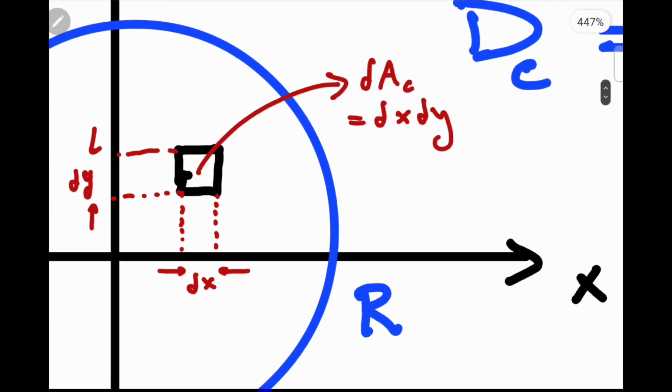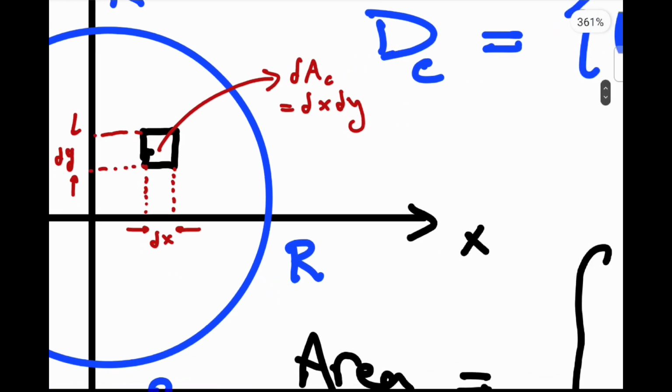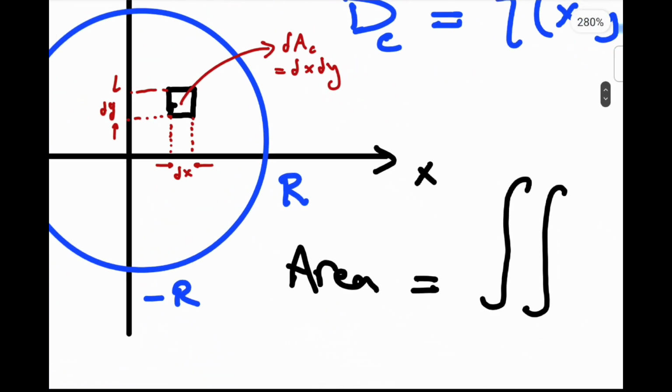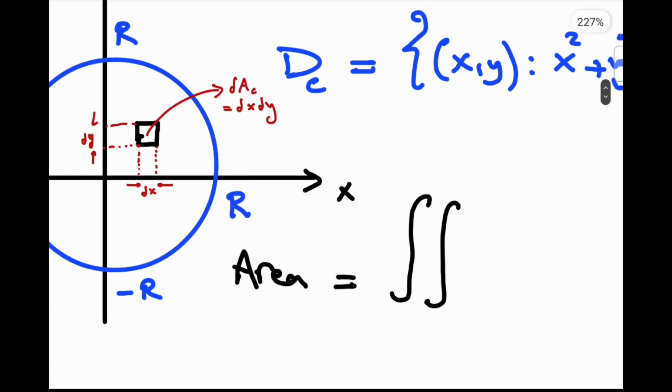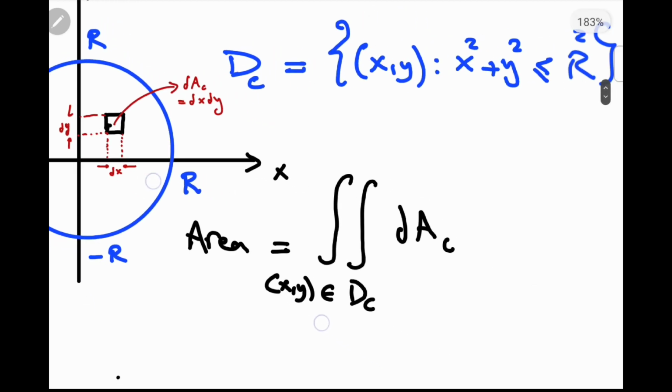So in this case, we can find the total area by integrating over this differential area dAc over all the points x, y that belongs to the region DC.